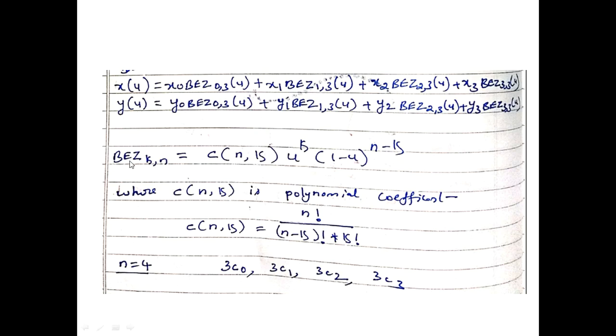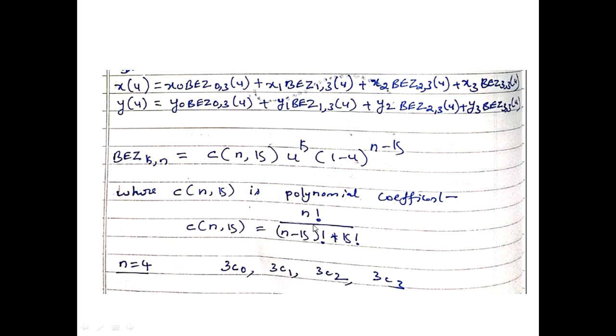If you want to calculate blending function k comma n, I need to calculate the binomial coefficient value. C of n k is called the binomial coefficient. We know the binomial coefficient for C of n k. This is nCr formula, we know that. So I will replace r with k.